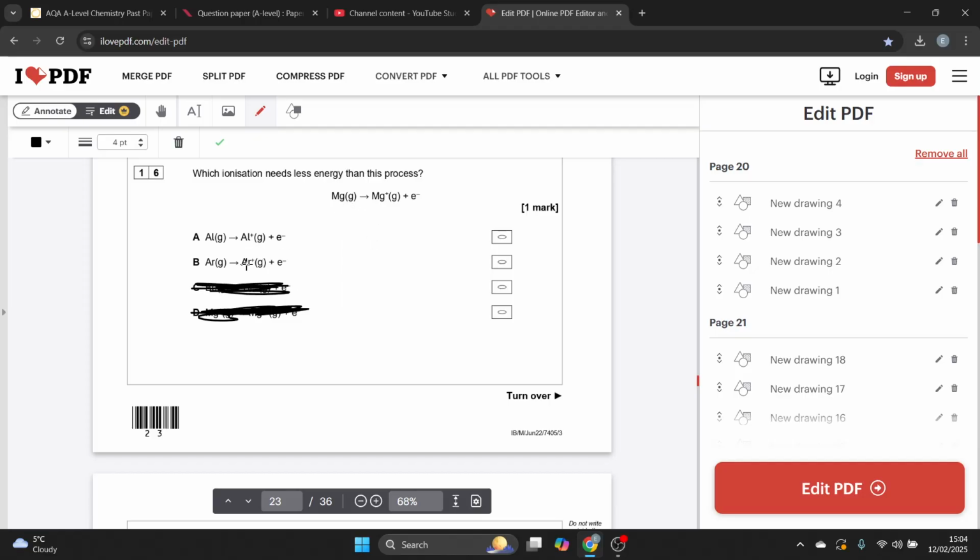I'm left with Al and Ar. Aluminium or Ar. Ar has 18 electrons. If I look at Al, 1s2, 2s2, 2p6, 3s2, 3p1.